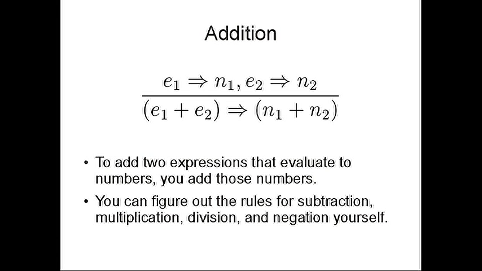We have to have evaluated the expression on the left into a number, and we have to have evaluated the expression on the right into a number before we can actually apply the rule to evaluate this addition. But once we've met that precondition, and we have the two numbers for the left and right sides of the addition expression, we can generate the value of this expression just by adding them together.